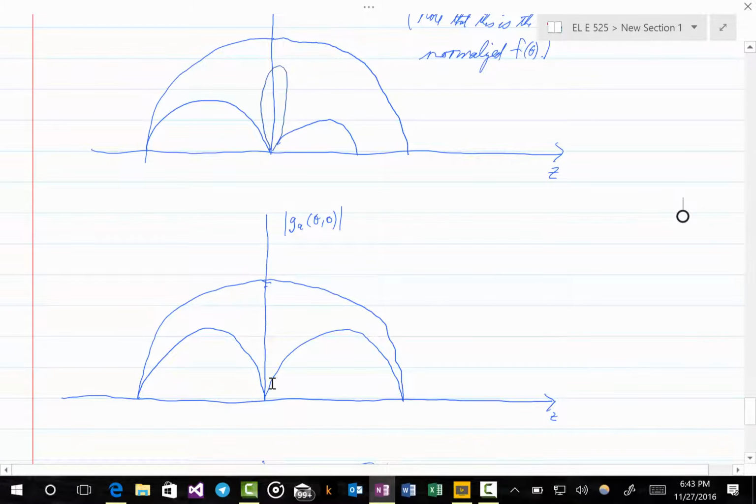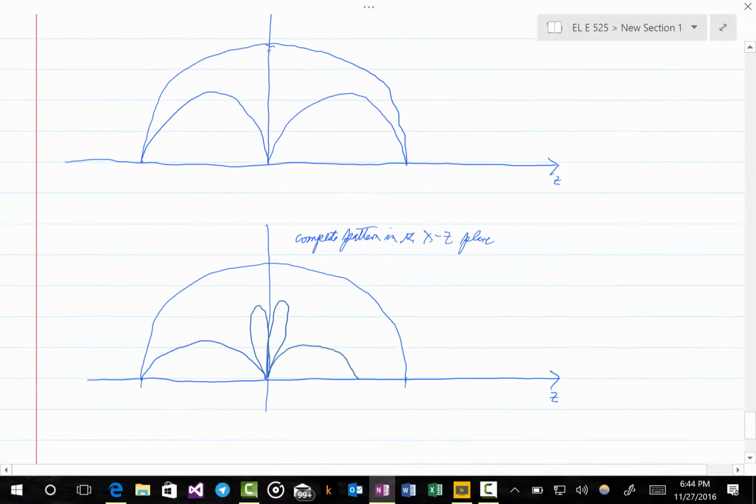As you can see, if we go just a few degrees to the right or a few degrees to the left of pi over 2, this element pattern is still rather small. And so when we multiply the element pattern by the array pattern for angles close to pi over 2, we will still get a small result.